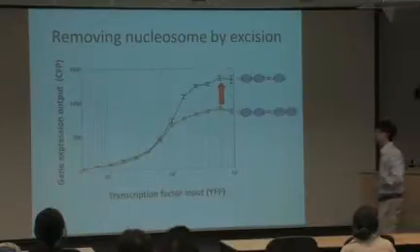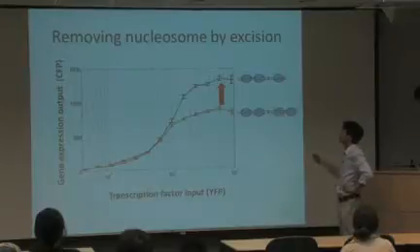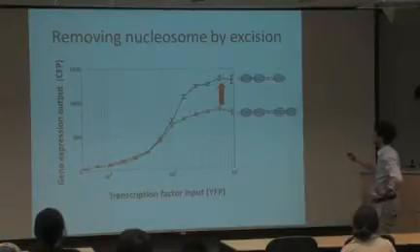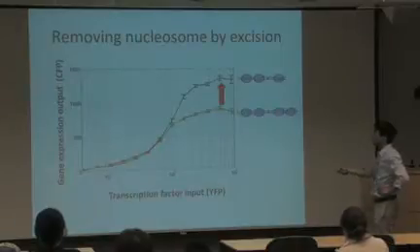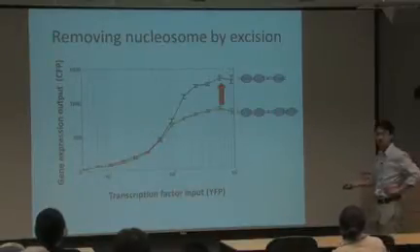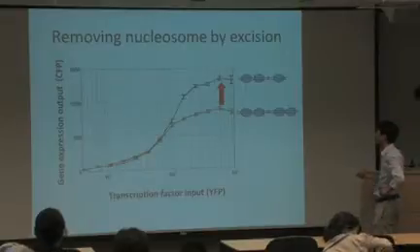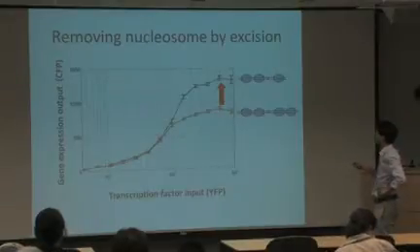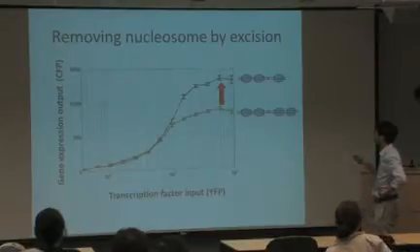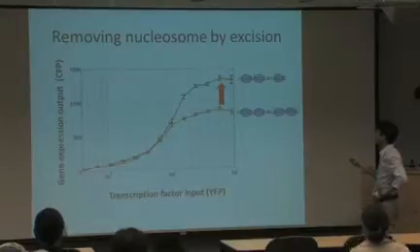Okay, so the first method is excision. If you excise this DNA, therefore removing the nucleosome, what happens? What's shown here is gene expression output as a function of transcription factor input, which was defined as the gene regulation function. So what you see is if you remove this intervening nucleosome, then gene expression level goes up.